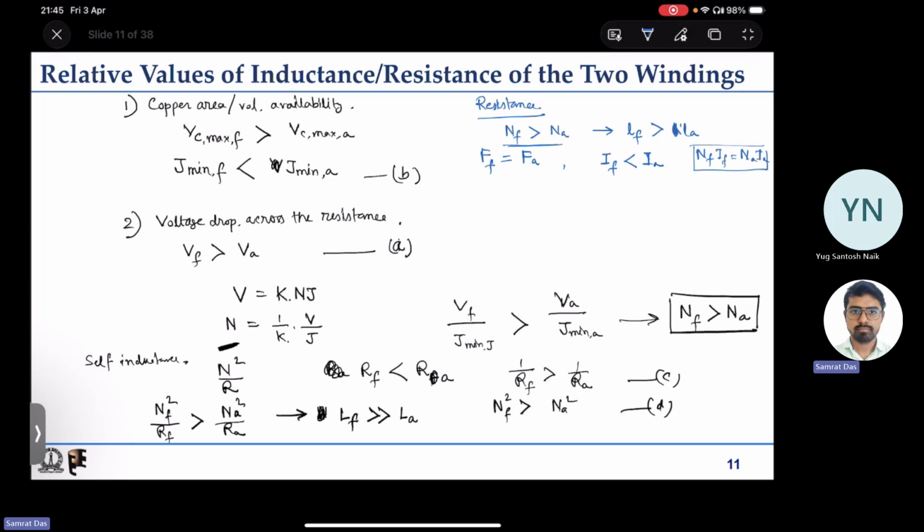This is coming from the assumption that both the armature and field require almost the same MMF, even if not exactly the same, but there will not be orders of difference. It may be 90% or 95%, 85% of the others, but one is not half of another.